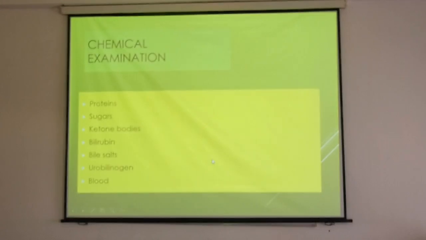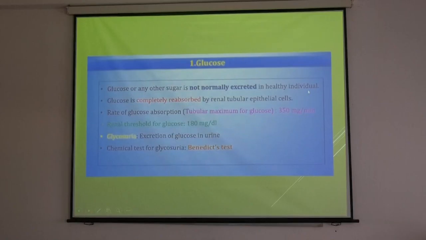What are the chemical things we try to identify in the urine? We have already said the glucose is coming into the Bowman's capsule and then it is getting absorbed back, that is, reabsorbed in the proximal convoluted tubule. There is a certain rate or speed at which the tubular epithelial cells absorb the glucose.